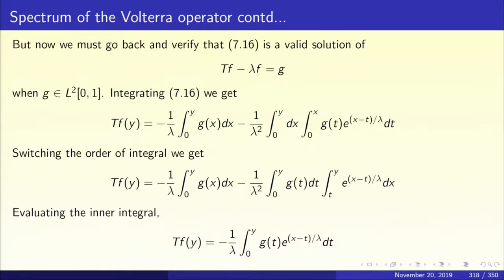So now the inner integral can be computed explicitly, and evaluating the inner integral, we will see that the expression tremendously simplifies. It will be Tf of y equal to minus 1 upon lambda integral 0 to y g of t into e to the power (y minus t) by lambda dt.